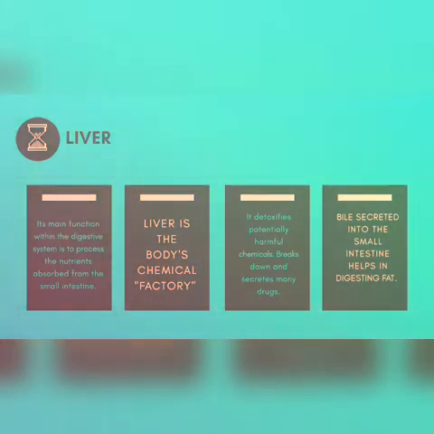In addition, the liver is the body's chemical factory. It takes the raw materials absorbed by the intestine and makes all the various chemicals the body needs to function. The liver is also known to detoxify potentially harmful chemicals. It breaks down and secretes many drugs.